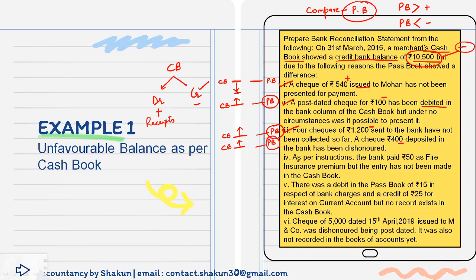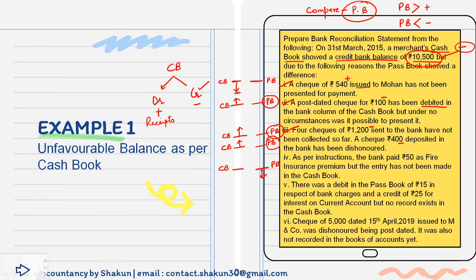Moving to the fourth one. As per instructions, the bank paid 50 as fire insurance premium, but the entry has not been made in the cash book. So as I told you, sometimes the business people give standing instructions to the bank that certain premiums, certain payments will be made by them directly. So the bank people made the payment of insurance premium.